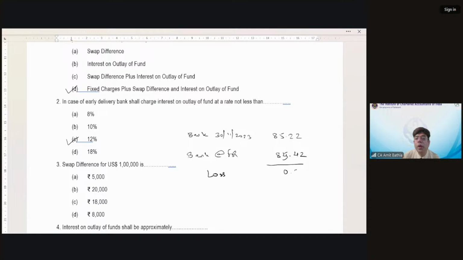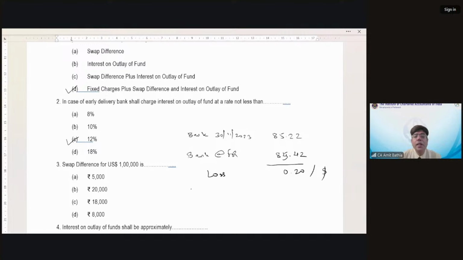Loss over here turns out to be 0.20. 85.22 is what the bank is selling at today at the spot rate. And if the bank is going to buy, because the forward rate in the market is 85.42, then it will be at 85.42. So swap loss will turn out to be 20 paise per dollar.